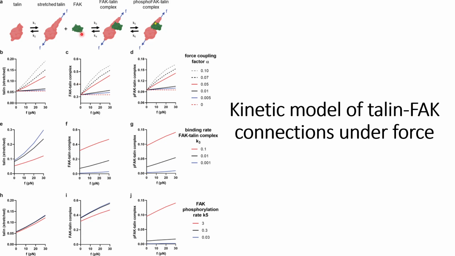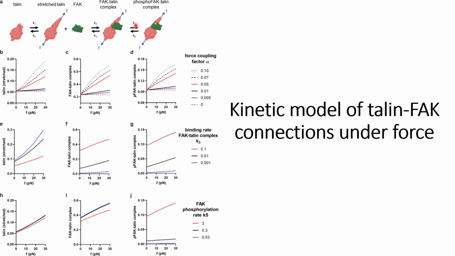It is evident from panel A, where the rate constant K3 goes down and the product formation also goes down. Similarly, the activation of the further product, the activated phospho FAK-talin complex, will also go down, since the feed for this goes down because of the decrease in the K3 values.